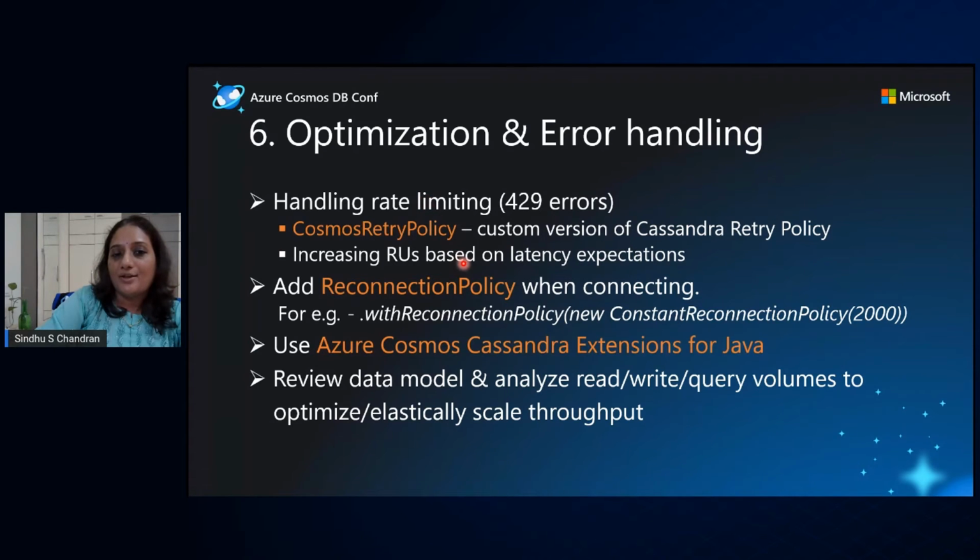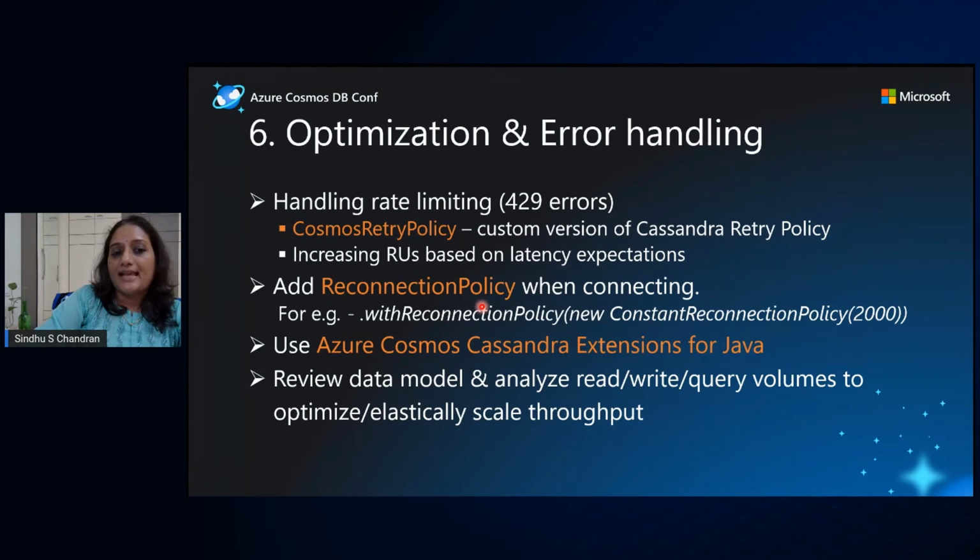You could increase the RUs based on the latency expectations, and even if the RUs per second becomes a little less than what is provisioned, you really do not want your job to fail. So it is advised that you implement the Cosmos retry policy, which is a custom version of the Cassandra retry policy. This is available as an open source GitHub project. The Cosmos retry policy is good to use to avoid these rate limiting errors.